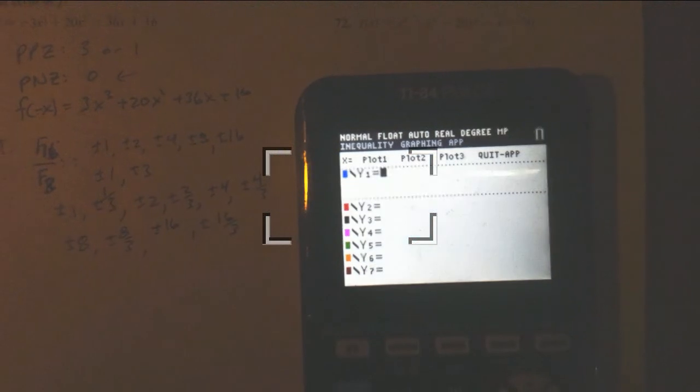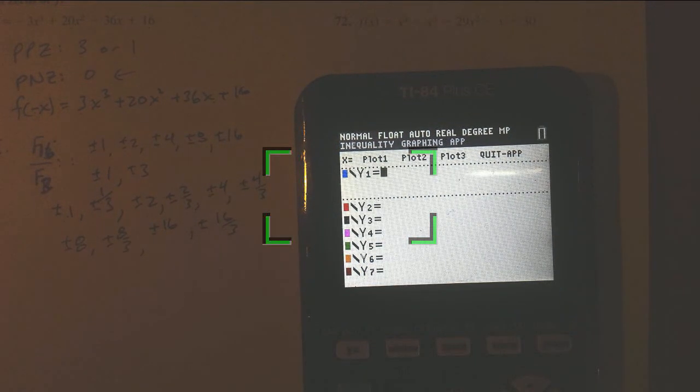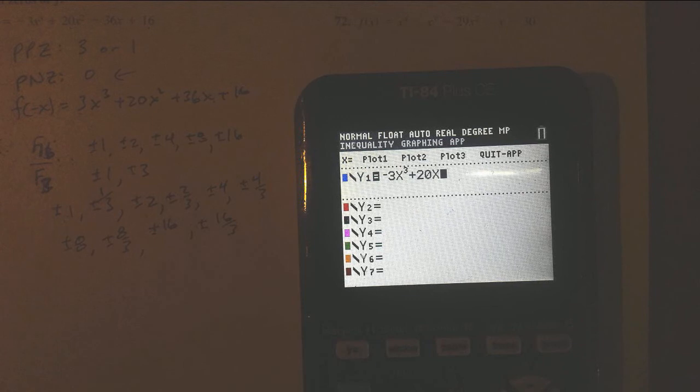So y equals, this is that big one we had in that last part. I'm going to enter this function, negative 3x to the third, plus 20x squared, minus 36x, plus 16.